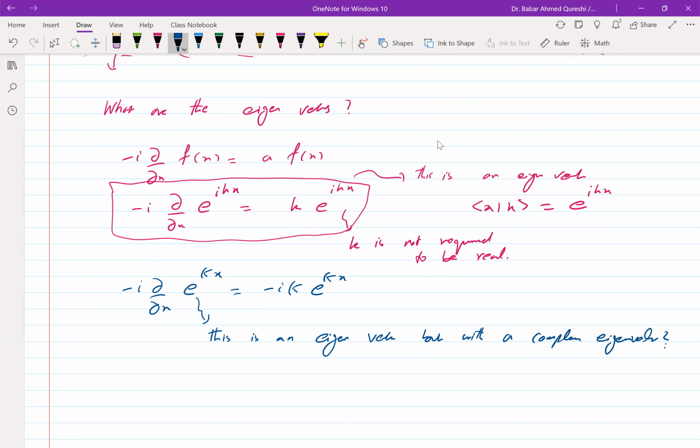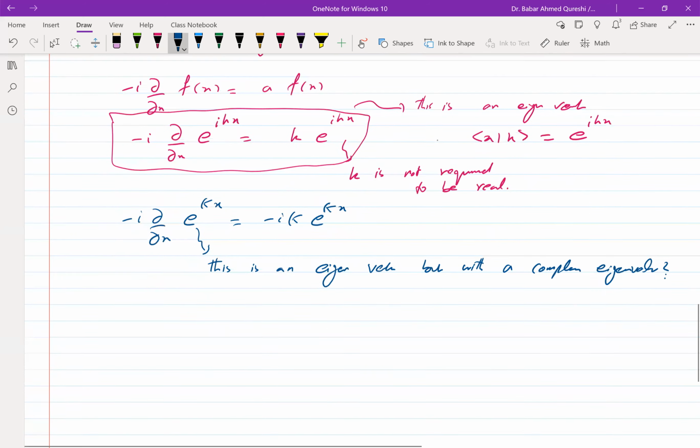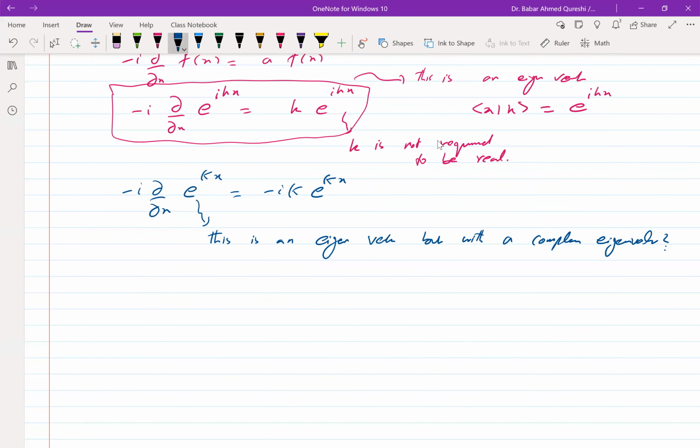So if it has complex eigenvalues, then it cannot be Hermitian. We don't want these eigenvalues to be there. Well, they are actually, strictly speaking, not there at all. But these eigenvalues are not there because e to the kappa x is not allowed to be in the Hilbert space.